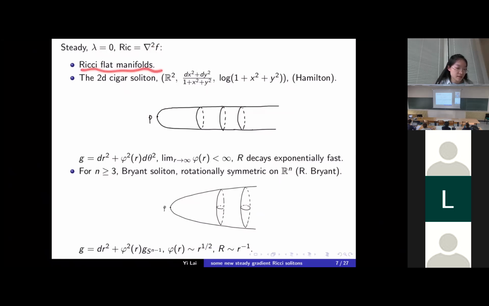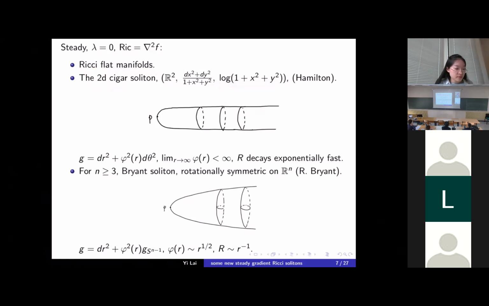So this is not something very interesting in here. The first non-trivial example would be the two-dimensional cigar soliton, which was constructed by Hamilton. So this cigar soliton is a metric on R2, and you can write down the metric in this form, and this is its potential function.